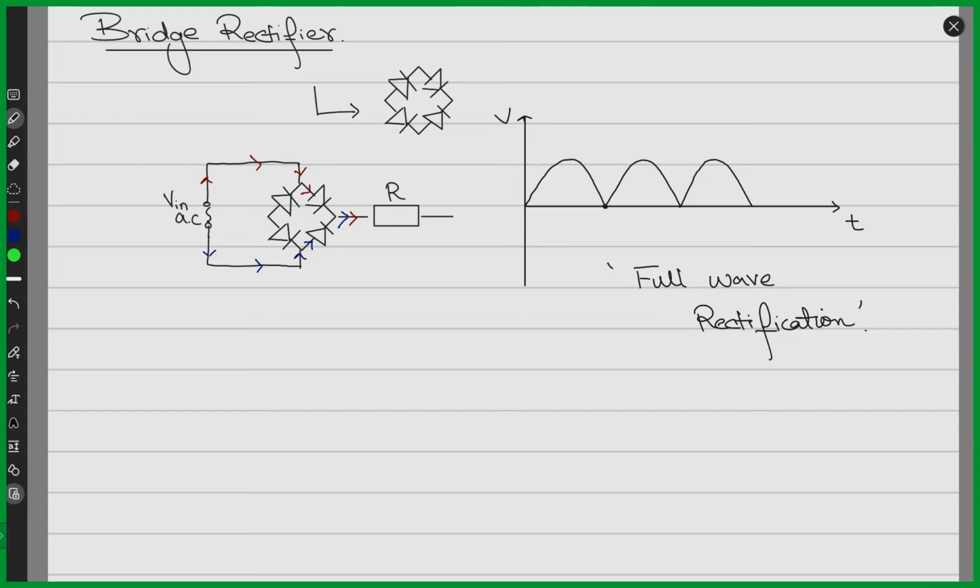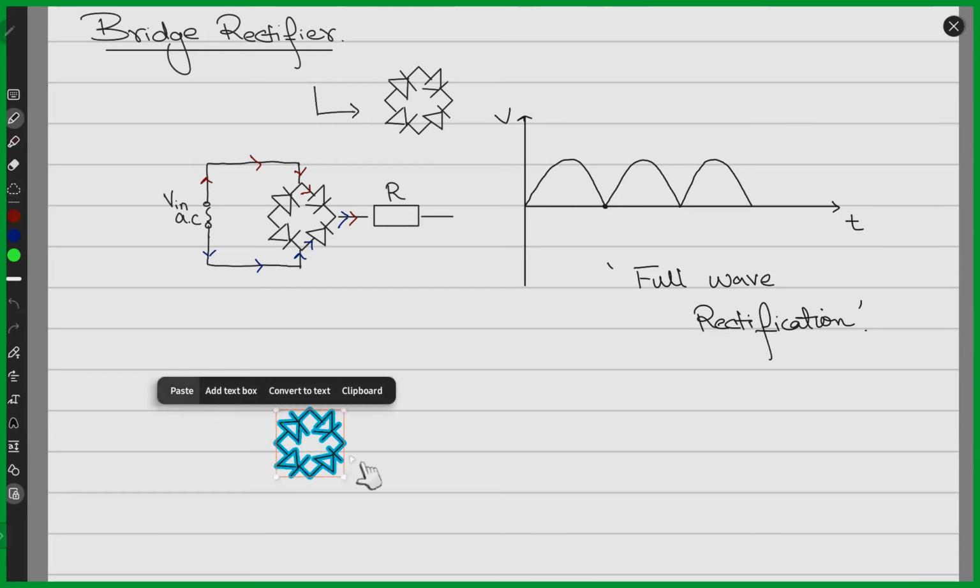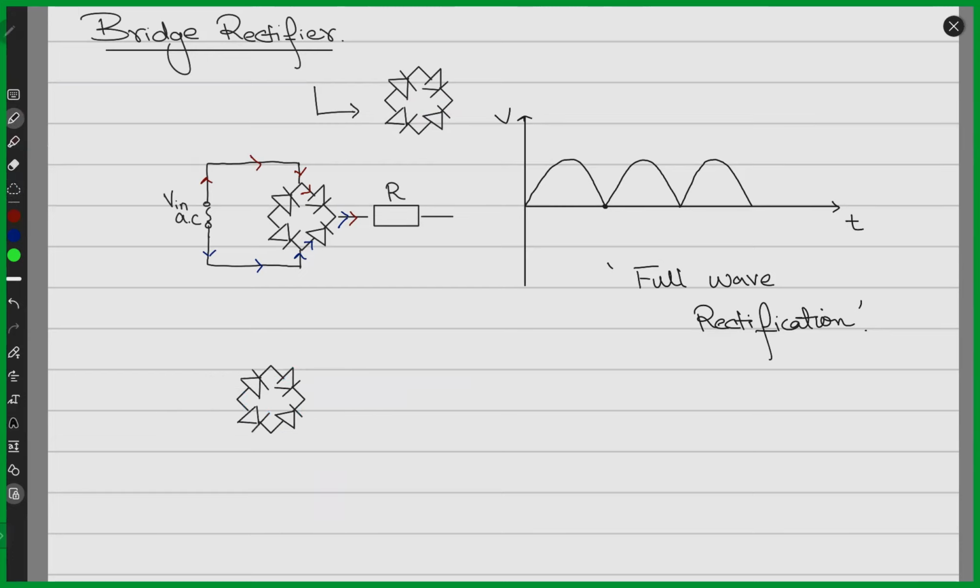Now we know capacitors very well. We know that they store energy, which means that they will store some potential across the plates of the capacitor. So what I can do is I can connect this bridge rectifier. Let me see if I can again draw it quickly. This one.